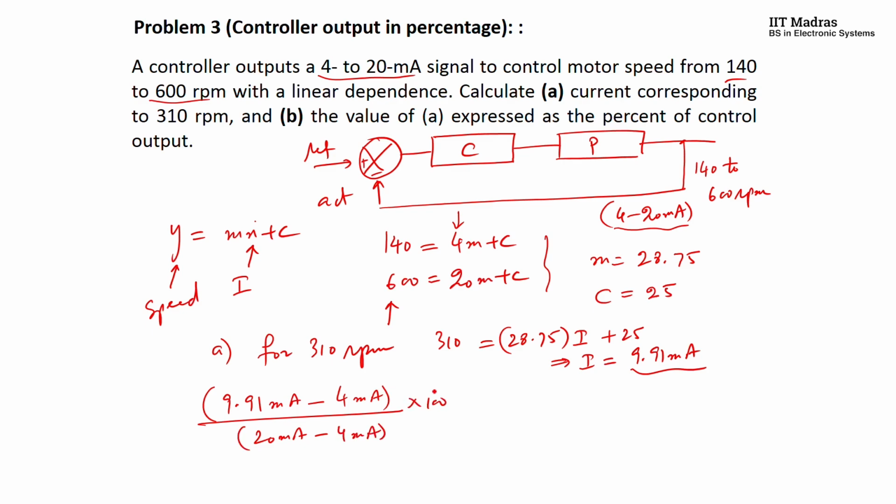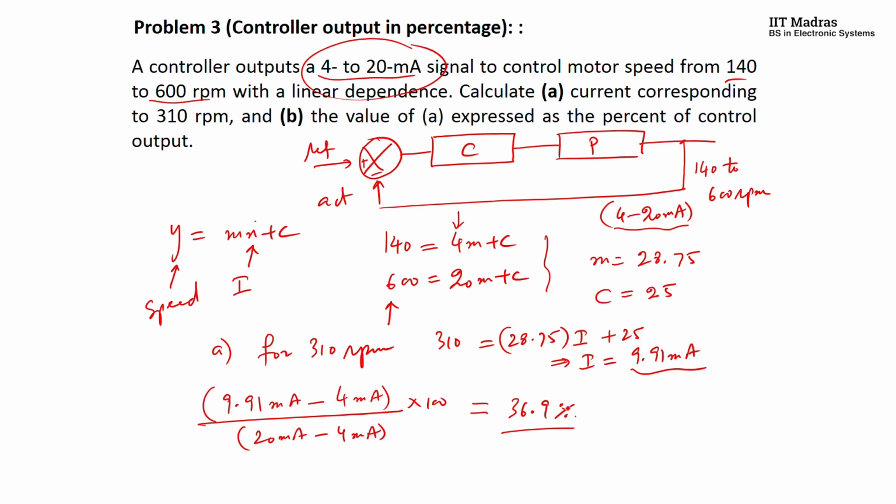This will give you the percentage of control output, that is, where 9.91 lies in the range of 4 to 20 milliamps. This would be approximately 36.9%.